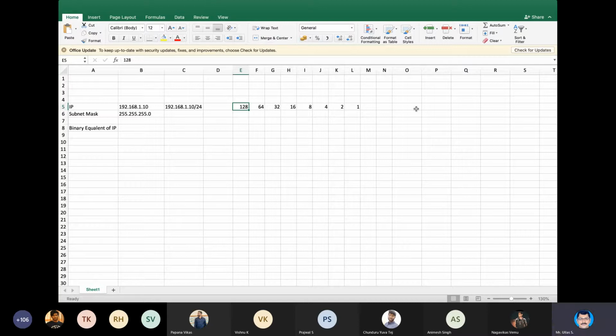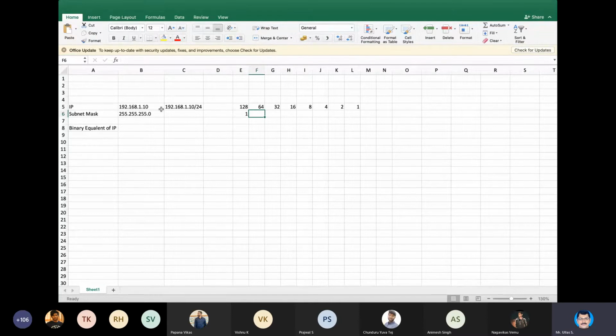Now I'll tell you one easiest method. So I know the positional values, okay? So now 192 is the one I need to convert. So what I have to do is check whether 192 is bigger than 128 or not. If yes, I'll put 1 here. Now out of 192 I have removed 128. 192 is the number I wanted to convert.